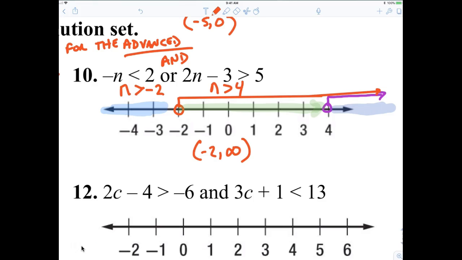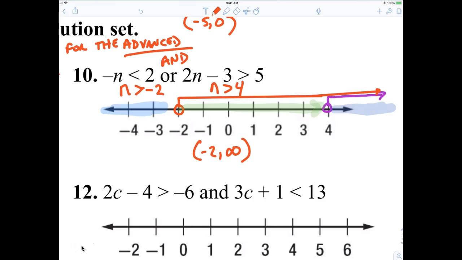If I change it from an or to an and, is the green part of the solution? No. Why not? Because it's not greater than 4. Because an and statement means it has to be true for both cases. So in the green, although it's true for greater than -2, it's not true for greater than 4.